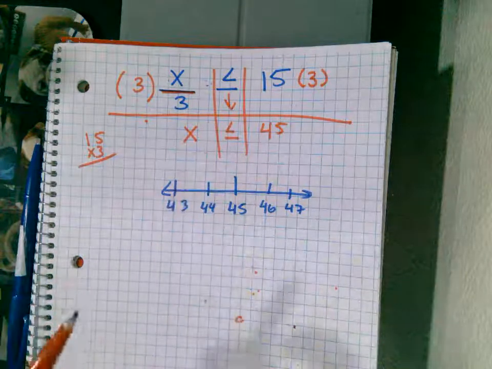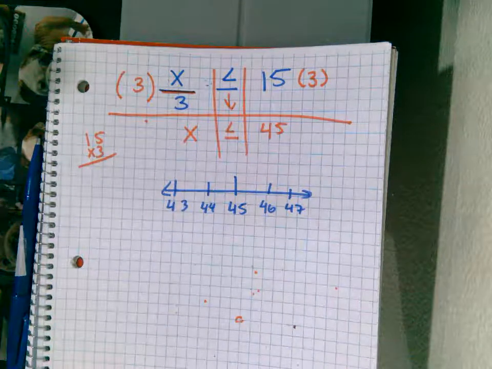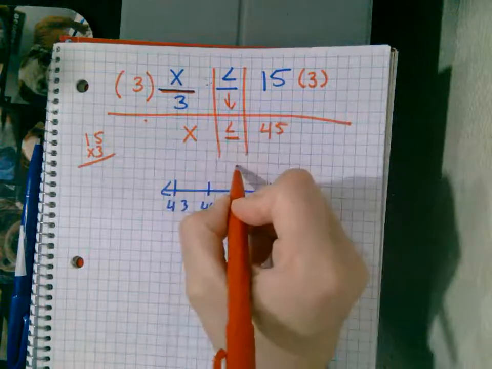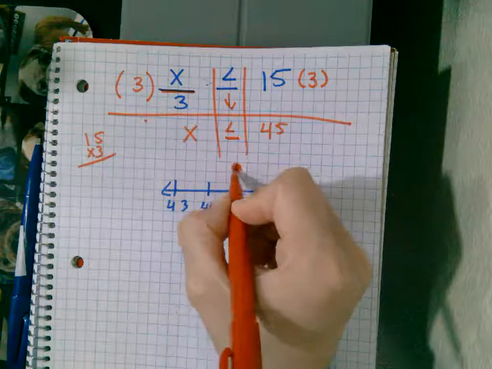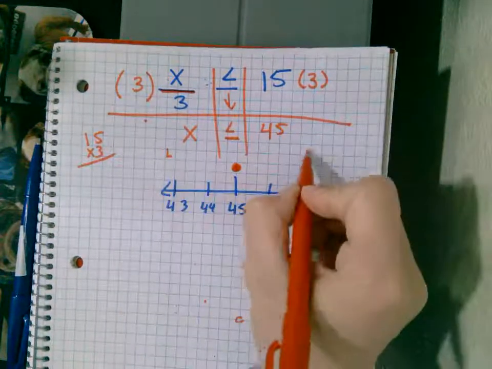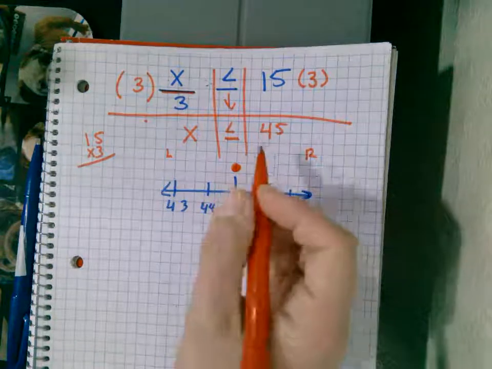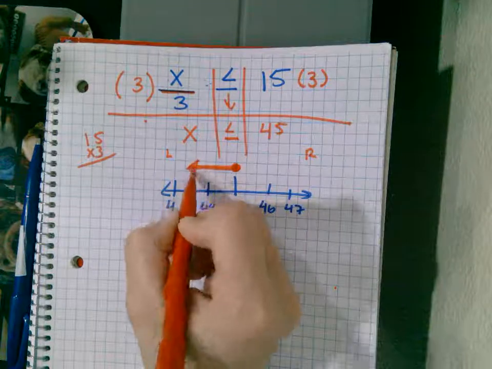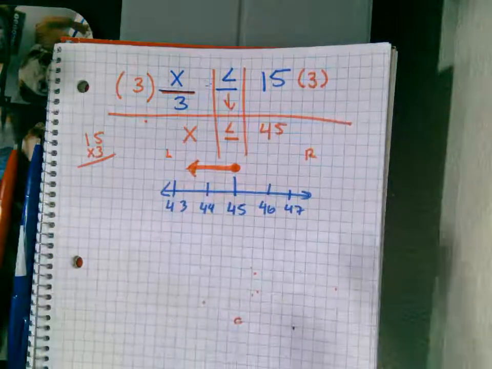Open or closed circle? Closed. Yeah, the extra little line right there gives you closed. Now, which way do you shade? Left. There it is.